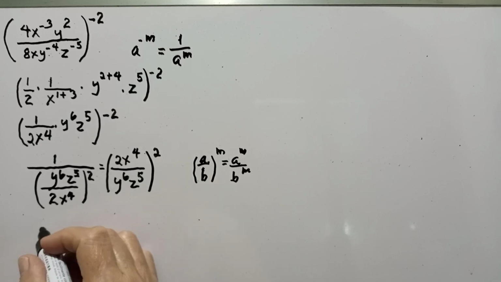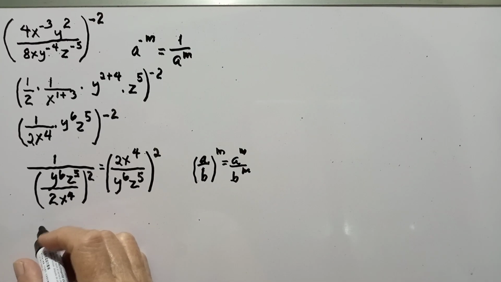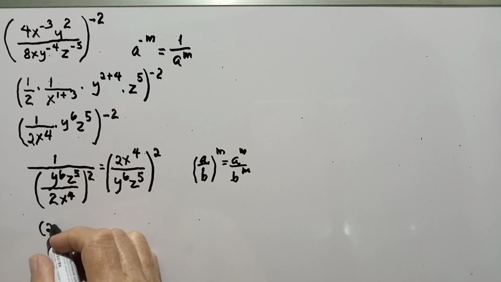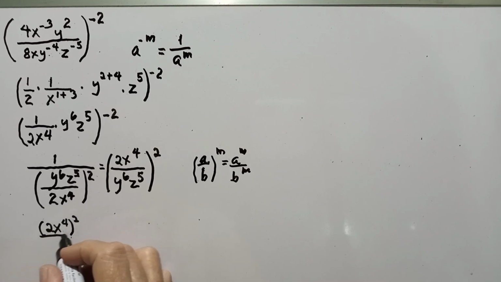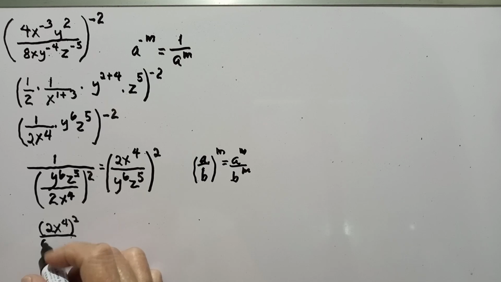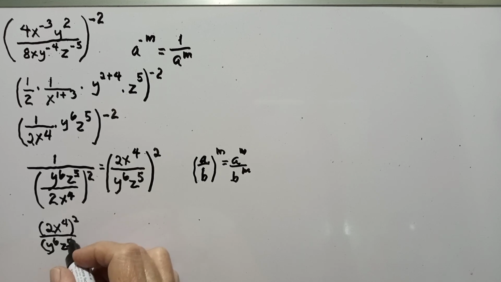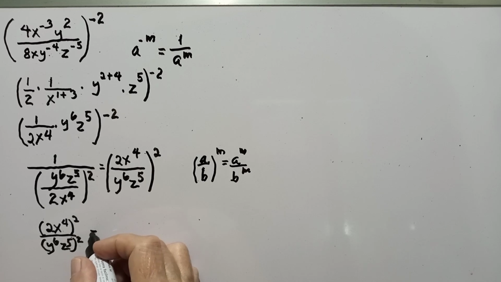So this will now become 2x to the 4th, squared, over y to the 6th z to the 5th, squared.